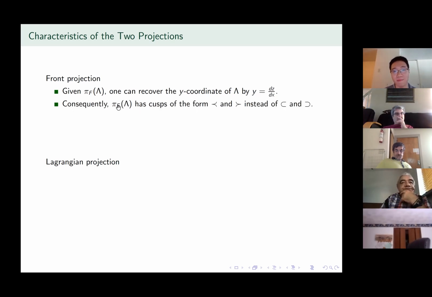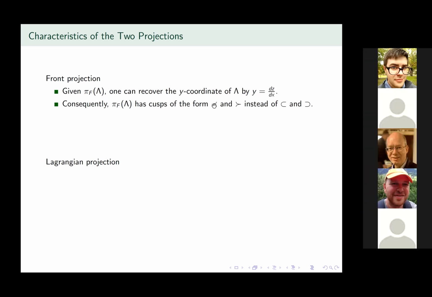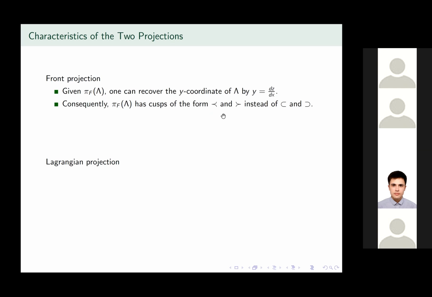Consequently, we're not allowed to have vertical tangent lines. If you want to go back, in this kind of U shape, it's not allowed. So instead, you have cusps. You saw from the earlier knot example that there are two cusps at the two ends. That's why you have cusps.